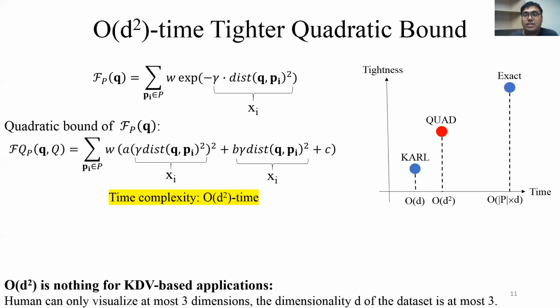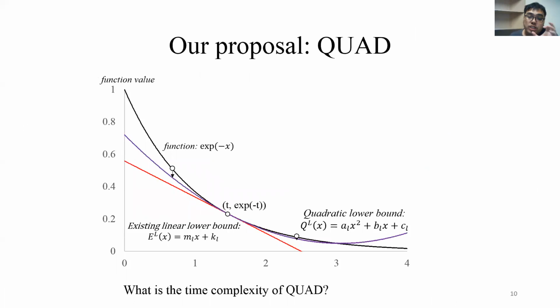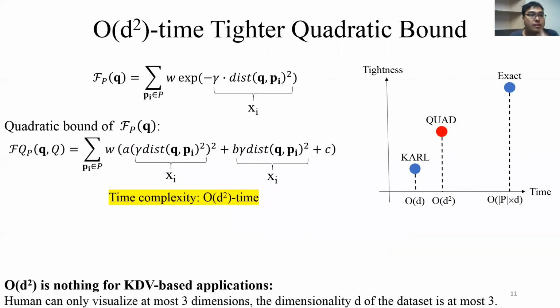That's why O(d squared) is nothing compared with O(d). This explains that this bound function is much tighter compared with the existing bound. That's why you only need to pay a little bit, but we can achieve much tighter lower bound functions. This explains why our method QUAD can provide much better performance compared with the state-of-the-art solution KARL.